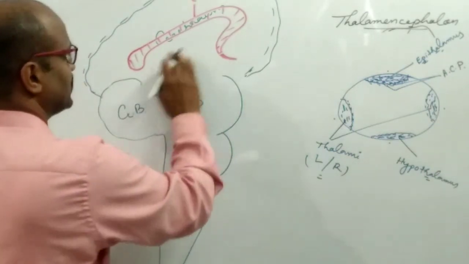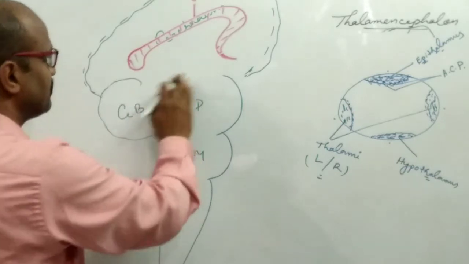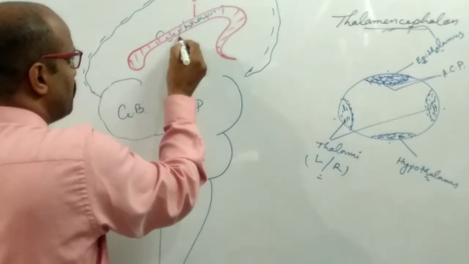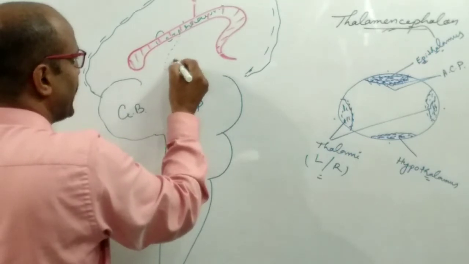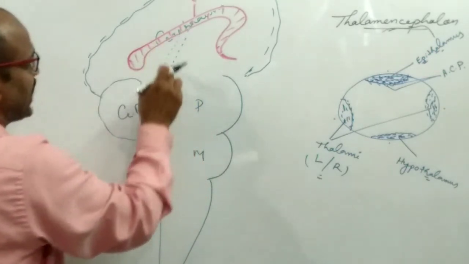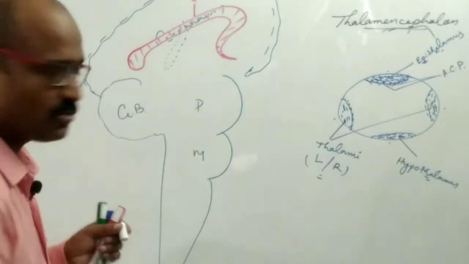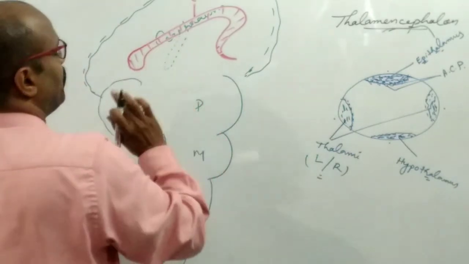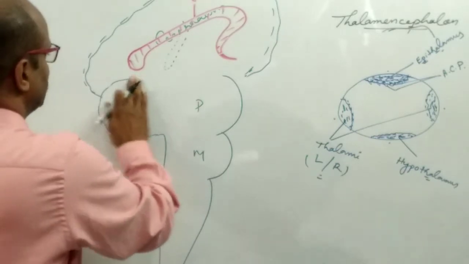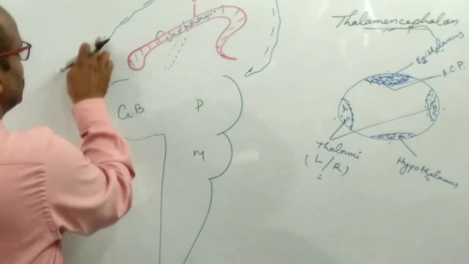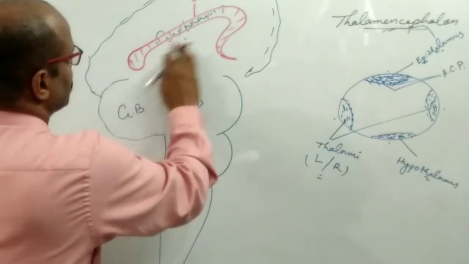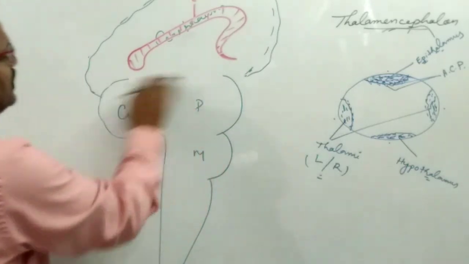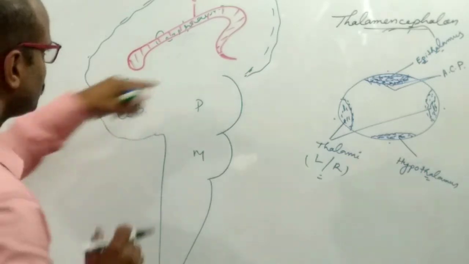There is another nerve band present which connects the corpus callosum with the diencephalon, which is known as the fornix. That is not our discussion now. So this is the position of the diencephalon.